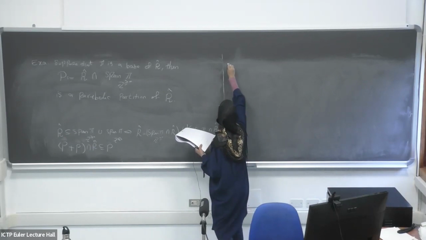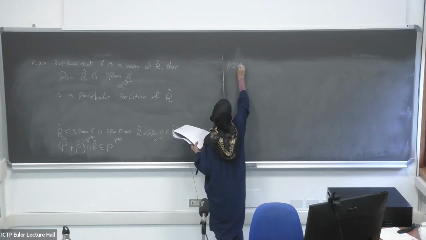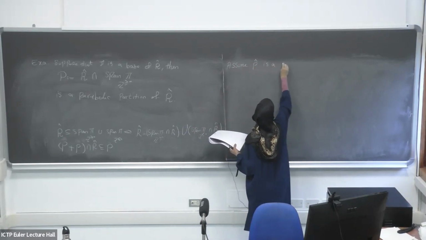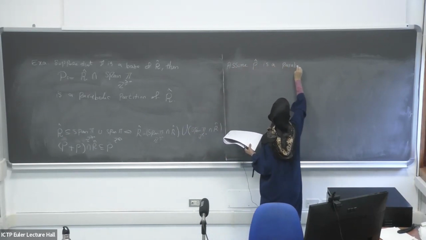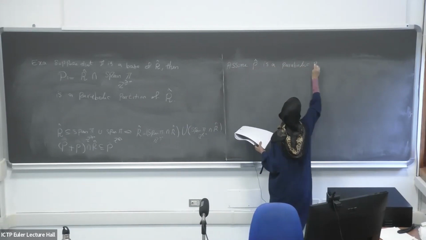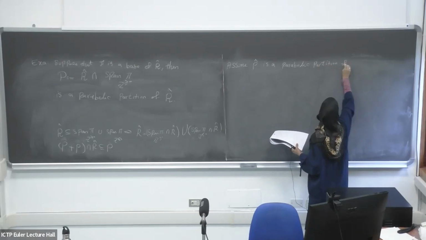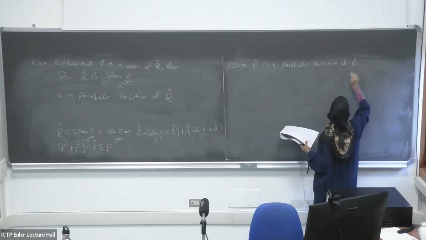Assume P hat is a parabolic partition of R hat.